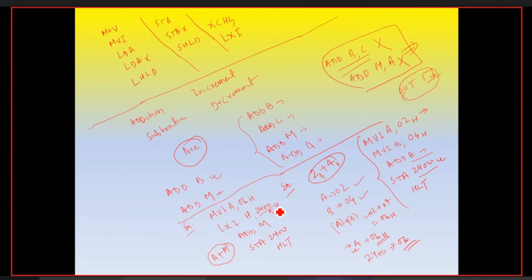Not 2400, उस लोकेशन पे जो वैल्यू है, जो डाटा है, 2400 पे जो डाटा है, that is M. So we do not know कि वहां पे क्या है. Manually we have to put some value at this location.